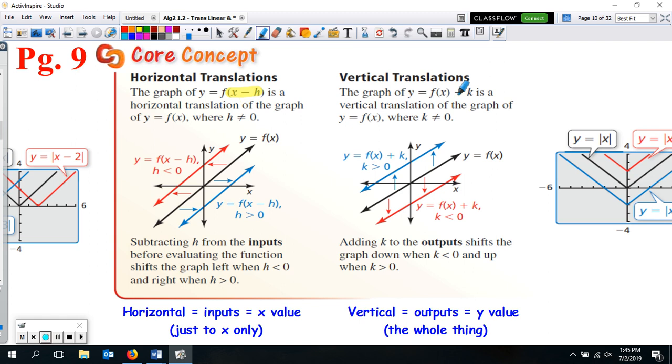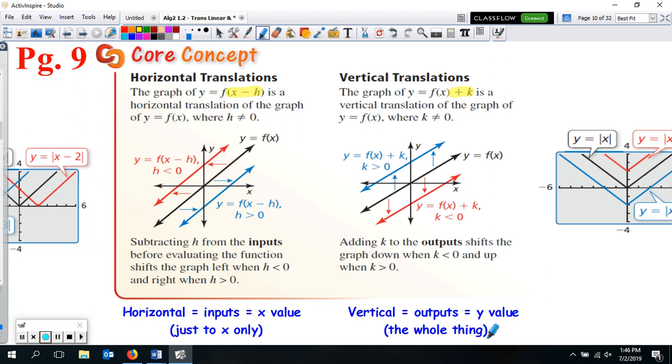Whereas the vertical translation, the k, the plus k, is out here past the function. So you have your function, whatever that is. It could be a linear function or an absolute value function, and you're just going to add a number or subtract a number at the back. And so that's why we want to say vertical equals the outputs is the y value. So that would be the y value, which the whole thing means you're going to do it to the whole thing.